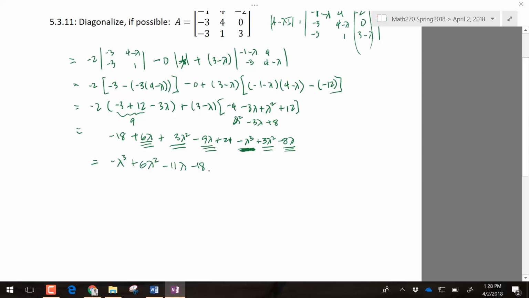Well, let's try to see if it's right. So does this look okay? Before this? Minus 18. Yeah.